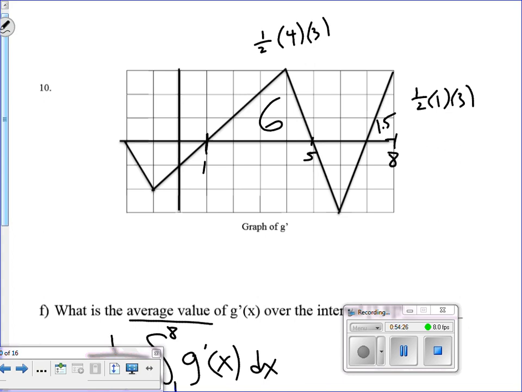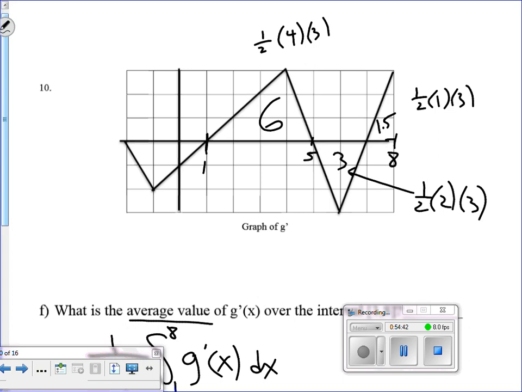Area below, the area of this triangle is 1/2 base times height. Okay, 1/2, 2 times 3 is just 3.